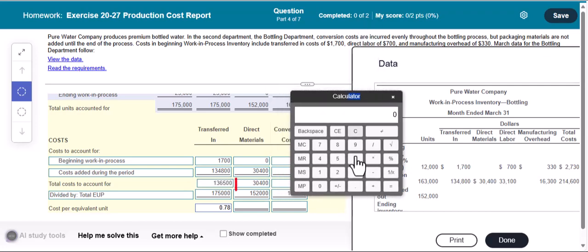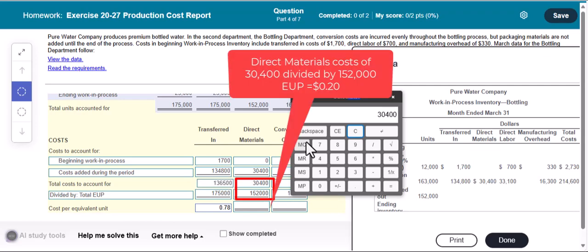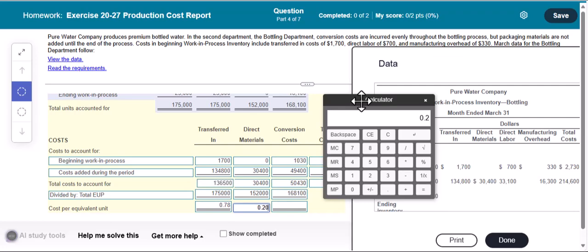And then we're going to move on to the direct materials here. And that's going to be that 30,400 divided by 152,000. So this number here, total costs to account for, divided by the EUP here. So that is going to equal 0.20. So we are rounding to 2 digits there. And then we have conversion costs.